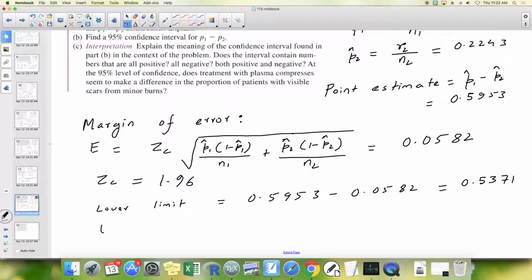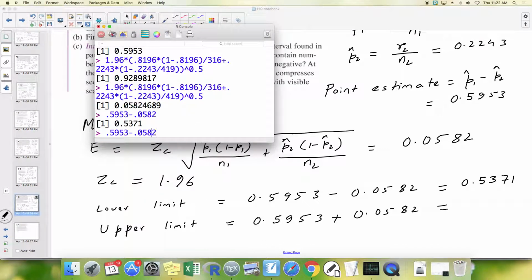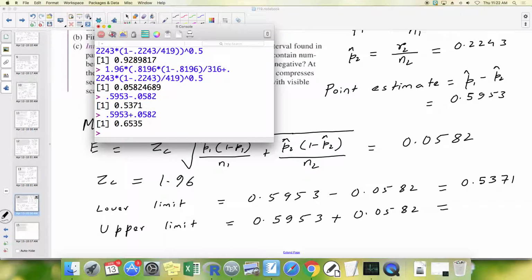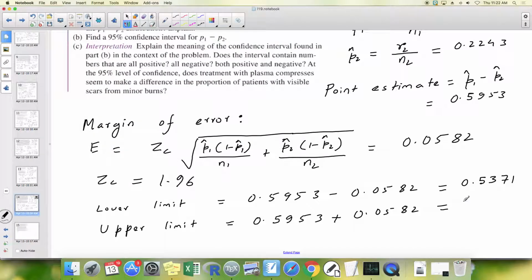And your upper limit is point estimate plus margin of error, which is 0.6535.